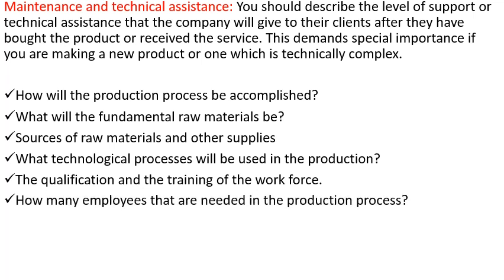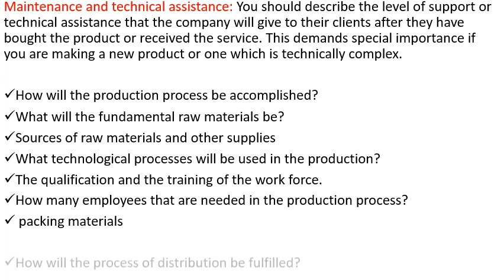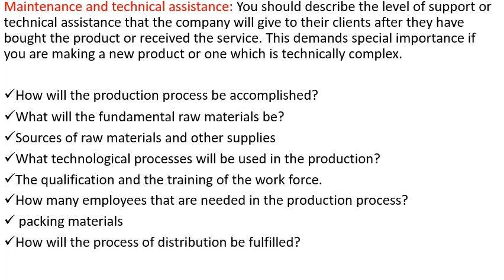How many employees do you need in your production process? Are there some materials that you need for packing, or how are you going to pack your products? And how will the process of distribution be fulfilled? And how much is it going to cost you to produce this?